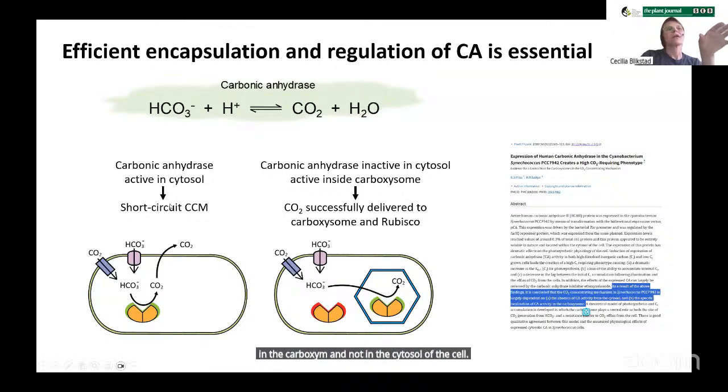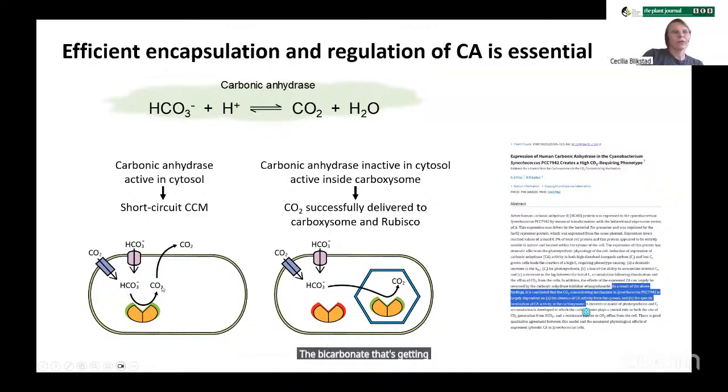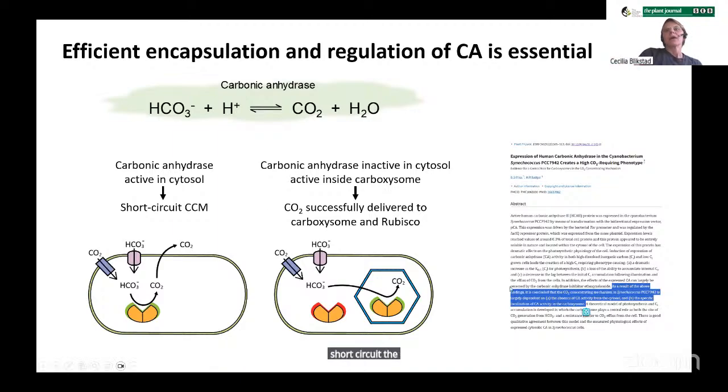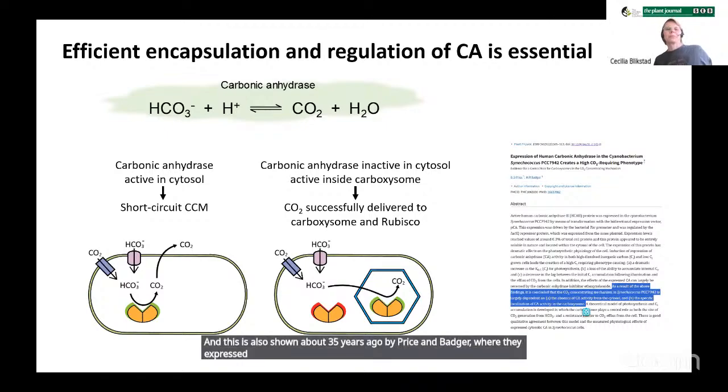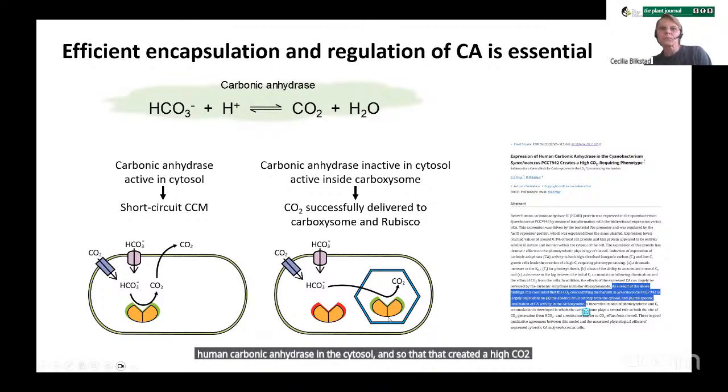Because if it's active in the cytosol, the bicarbonate that's getting pumped in will get converted to CO2, and then it can escape the cell membrane again, and this short-circuits the CCM. This was also shown about 35 years ago by Price and Badger, where they expressed a human carbonic anhydrase in the cytosol and saw that it created a high CO2 requirement phenotype.